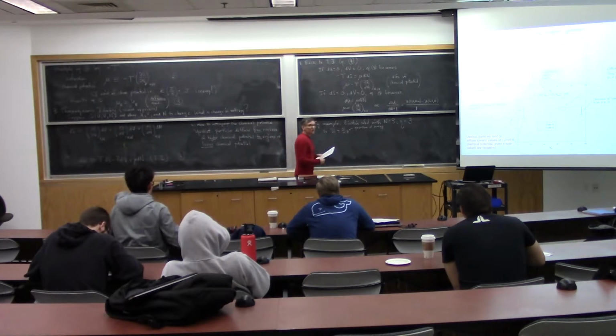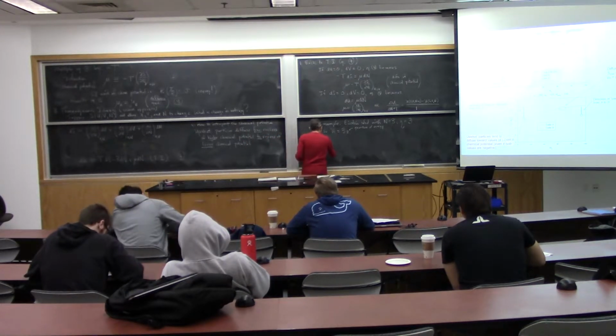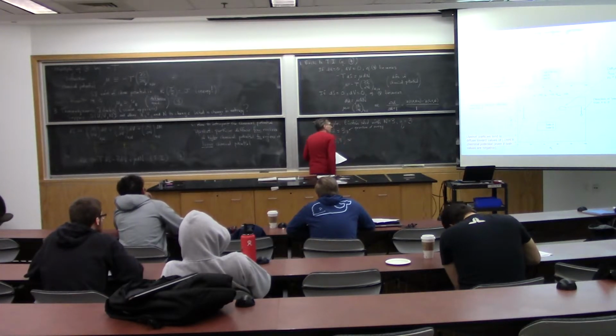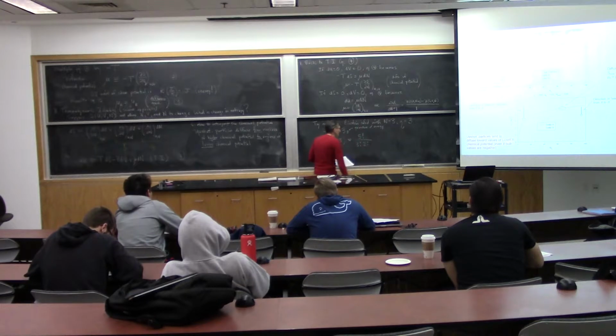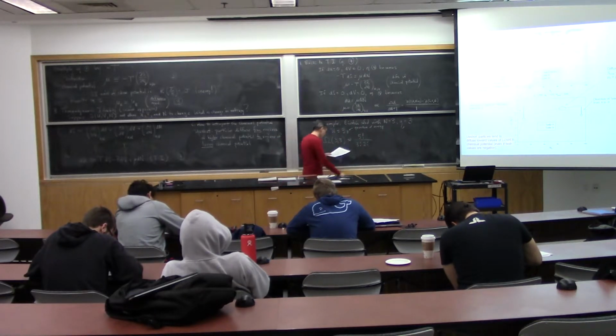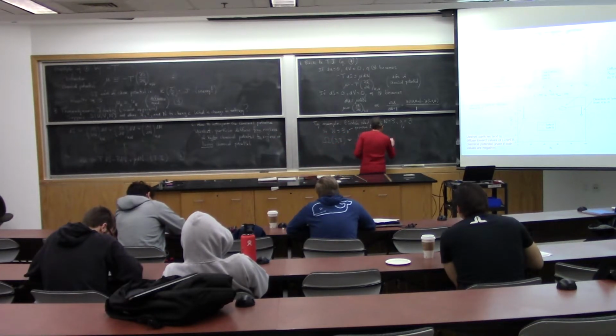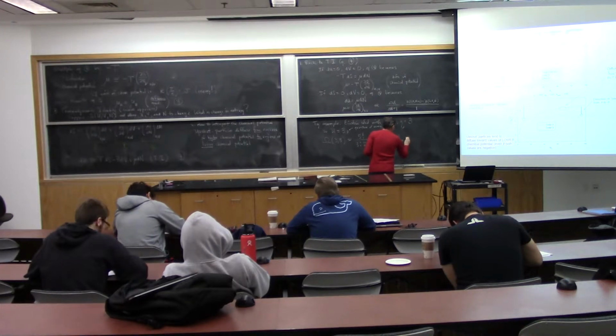Let's figure out what the multiplicity is, because we know how to do that. If N is 3 and Q is 3, it's (Q plus N minus 1) factorial, so 5 factorial, over Q factorial times (N minus 1) factorial. So 5 factorial over 3 factorial, 2 factorial is 10. So the entropy is k_B log 10.